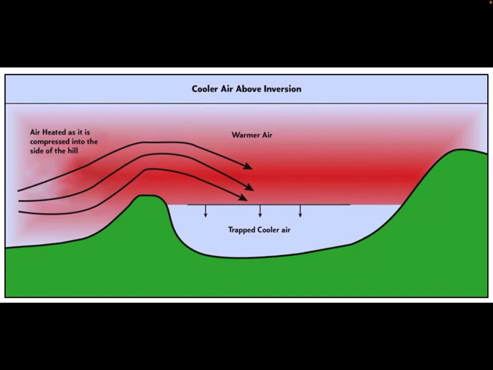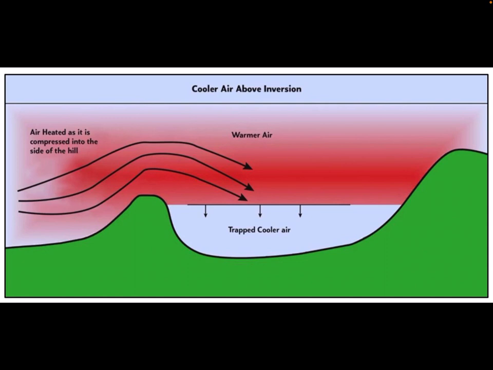Now what happens in a winter inversion? Due to long winter nights, the surface of the earth becomes colder, and the air which has contact with that colder earth surface becomes colder as compared to the air above it.